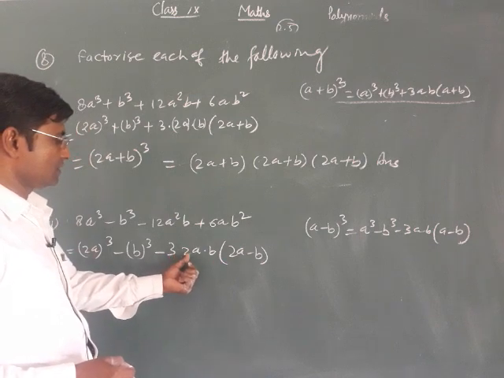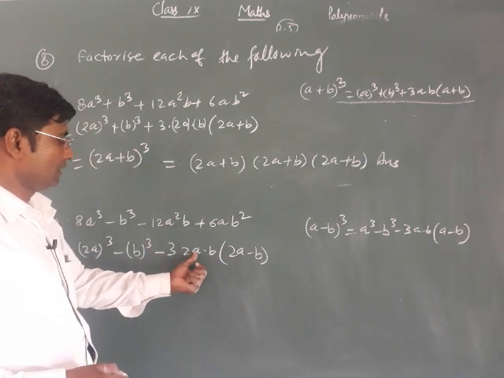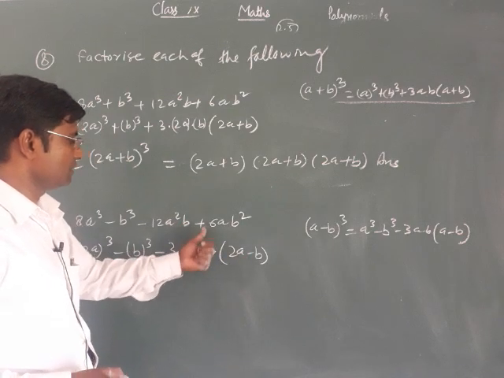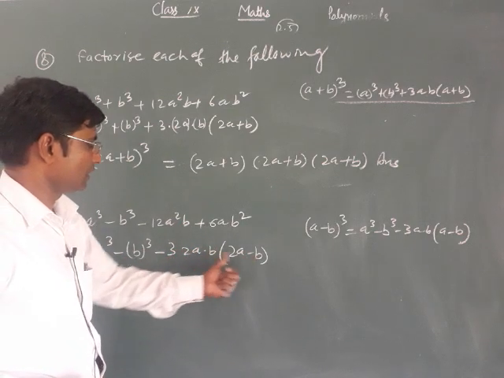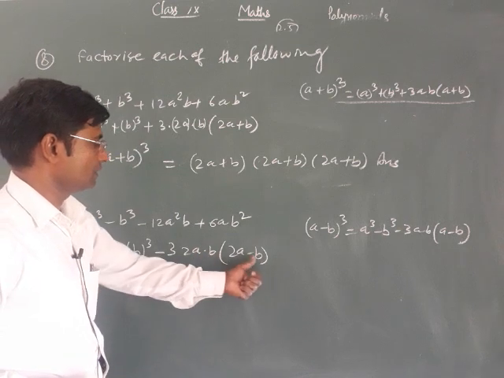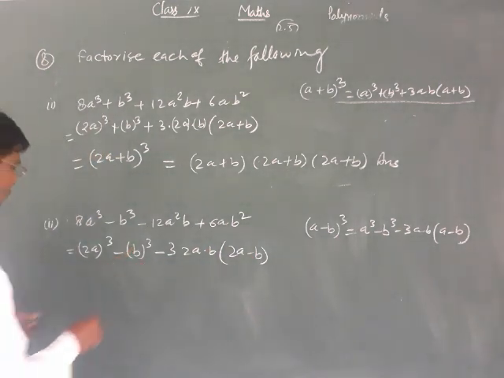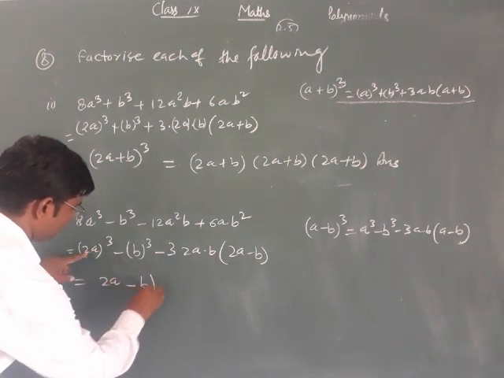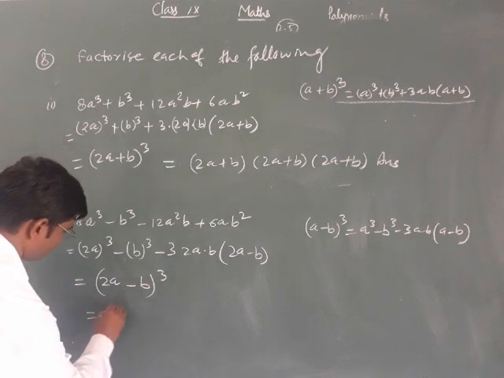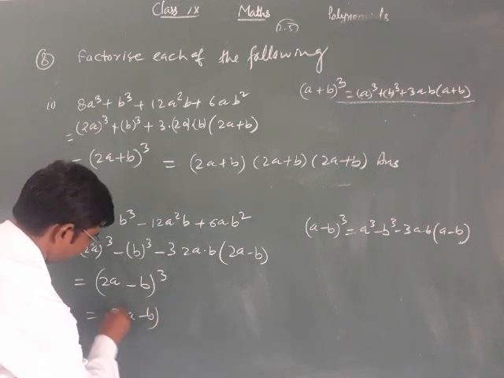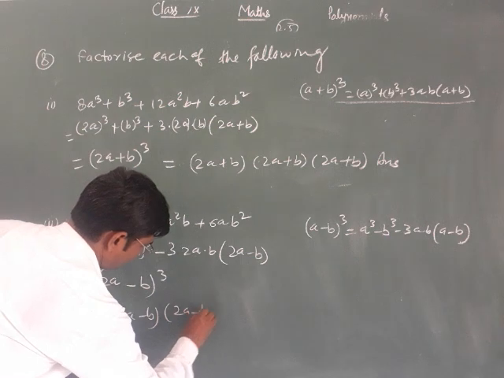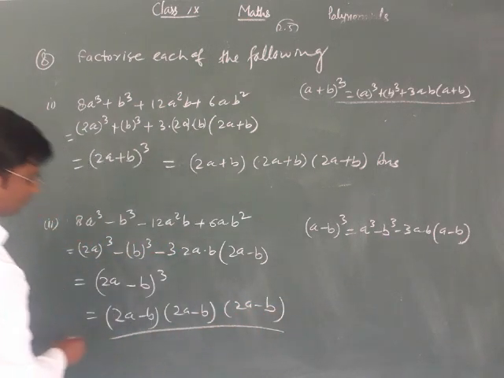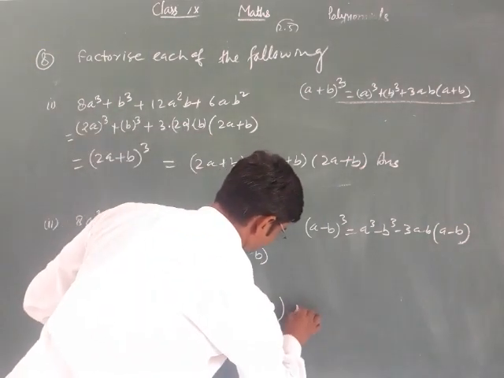So 3 2s are 6, 6 times 2 is 12 a square b, and also minus minus plus, 3 2s are 6, 6ab square. So now also (2a minus b) whole cube. So (2a minus b)(2a minus b)(2a minus b). So now this is the answer.